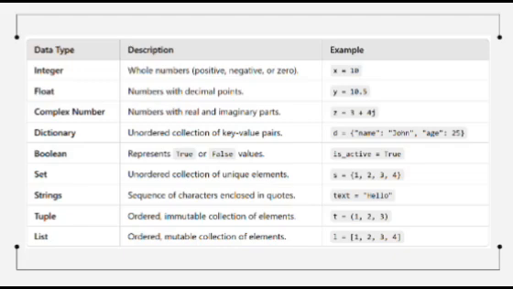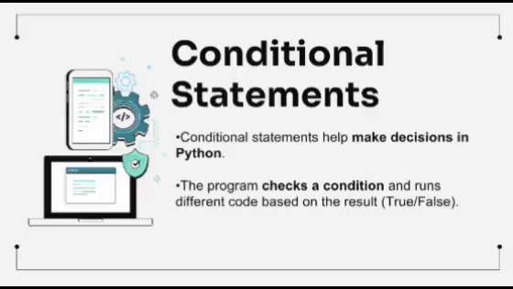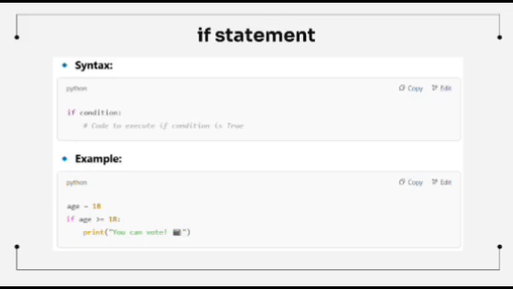So next, conditional statements. Conditional statements help to make decisions in Python. The program checks the conditions and runs different code based on the result, true or false. So let's have a look at it. If statement syntax: if condition, code to execute if the condition is true.